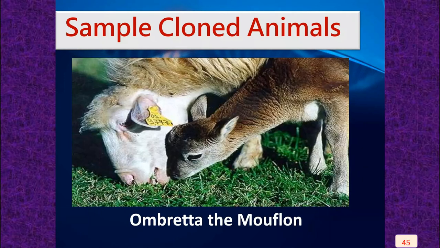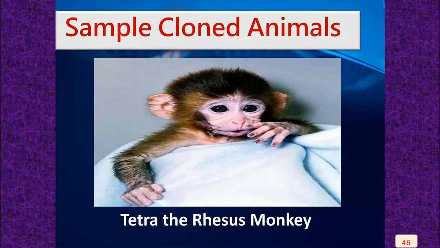So Otis, the mouflon, is a breed that was obtained out of the pregnancy with PMSG-induced estrus.